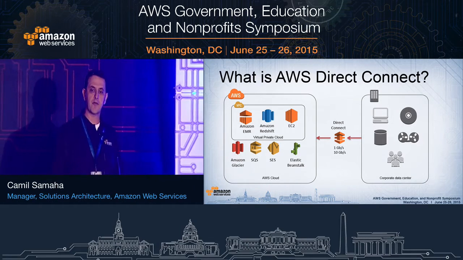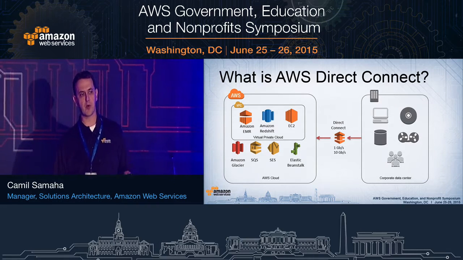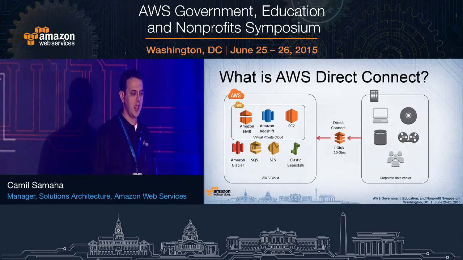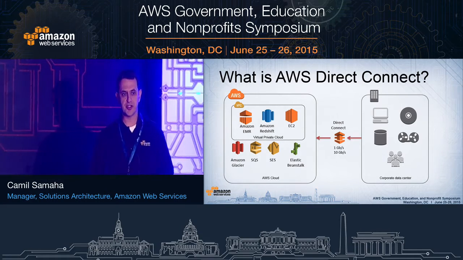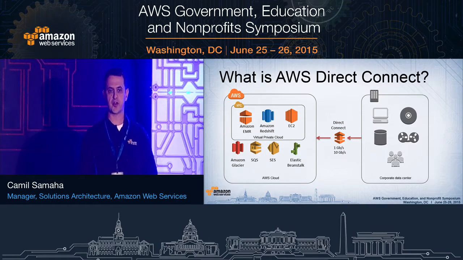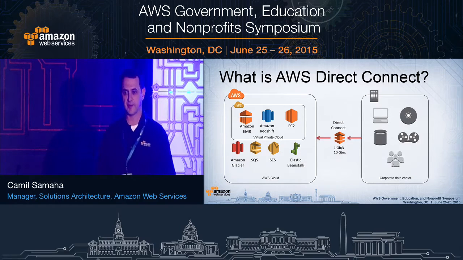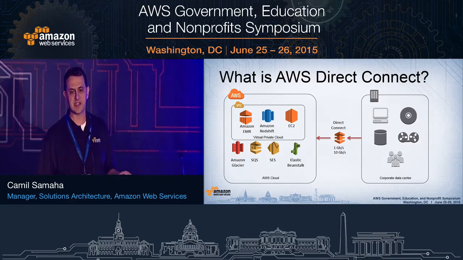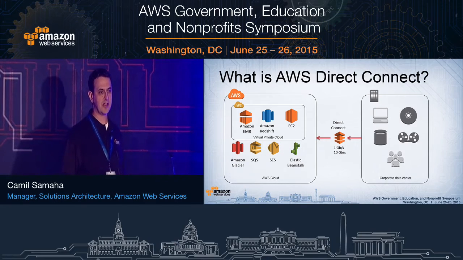So from an AWS perspective, we have several features and services to help customers leverage their existing infrastructure as well as take advantage of AWS resources. So, for example, that's how VPC got started, Virtual Private Cloud.